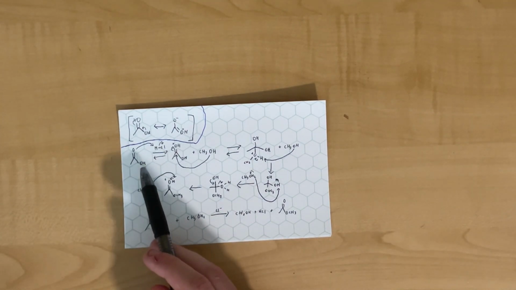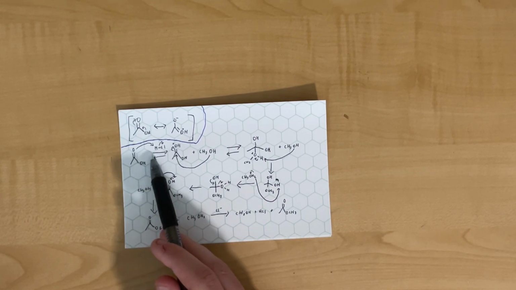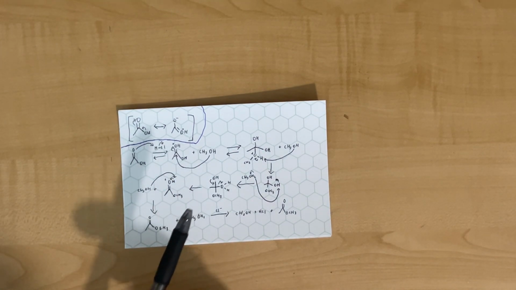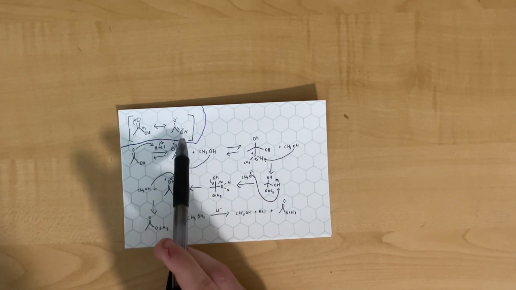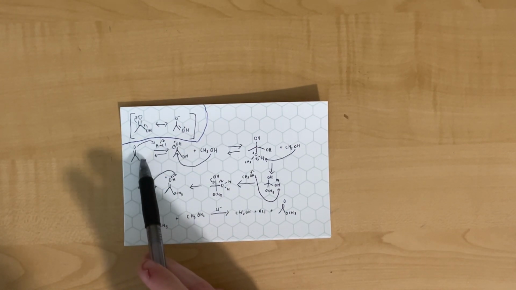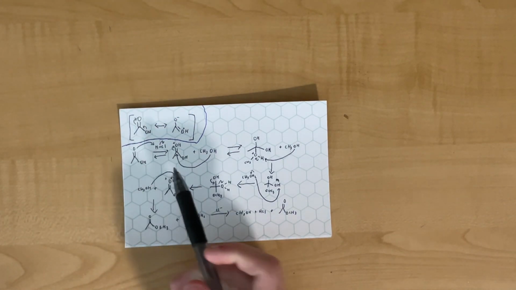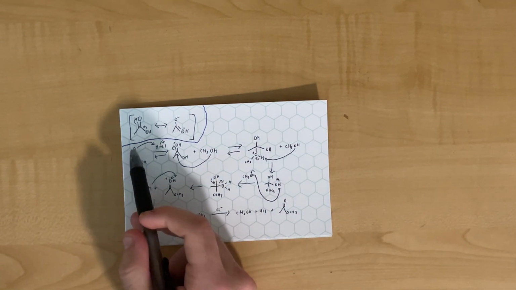So the first step is protonation of the carbonyl oxygen of the carboxylic acid component, and this is done by the hydrochloric acid. There are two oxygens on this carboxylic acid, one here and one here, so the protonation could occur at either, but it only occurs on this oxygen.